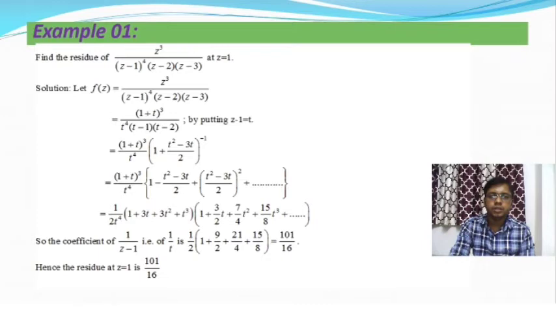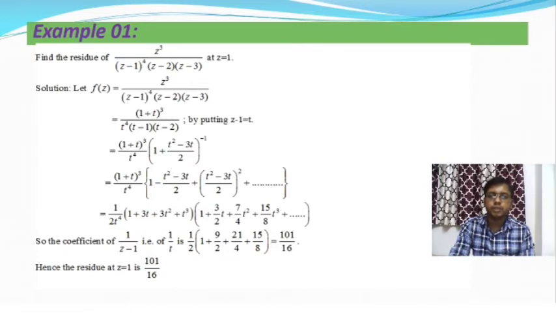If we put z minus 1 equal to t, then f of z equals z cube by (z minus 1) whole to the power 4 into (z minus 2) into (z minus 3), and it will be changed into a function of t only.